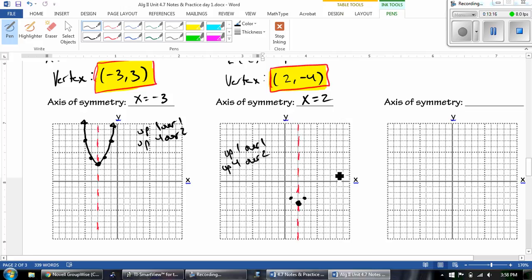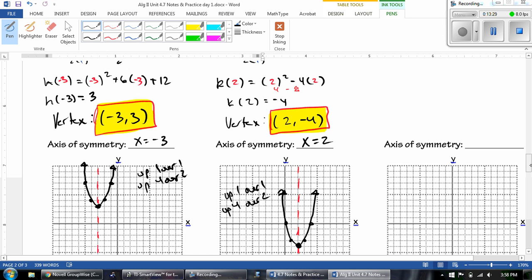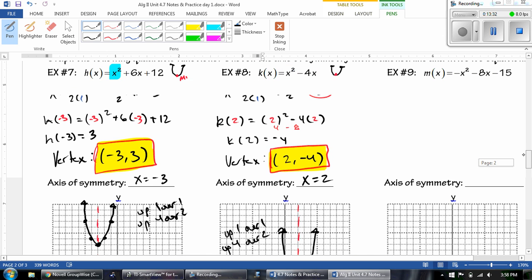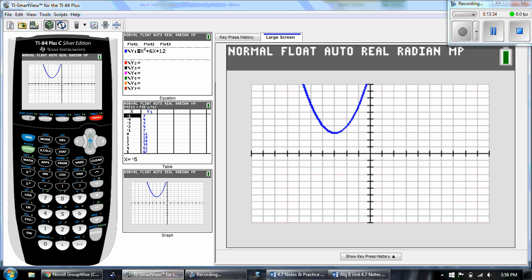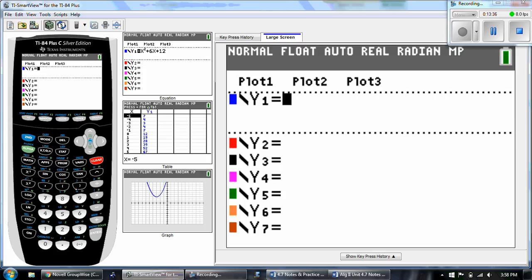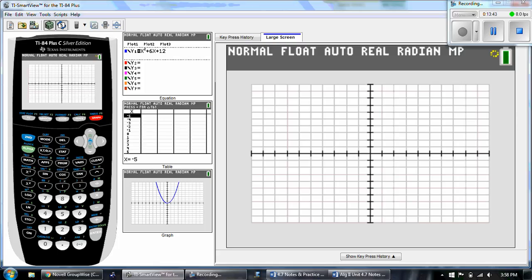So there's my up 1 over 1, and then up 4 over 2. And then if you want to double check, it was x squared minus 4x. Come over here, change my y equals x squared minus 4x, and graph. Okay, and as you can see, it's the exact same.